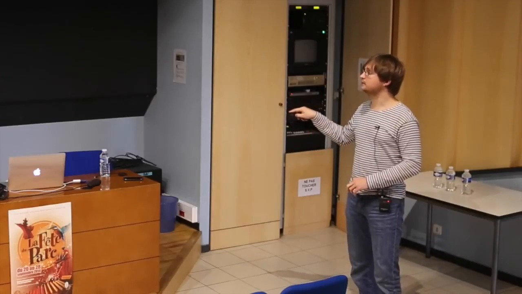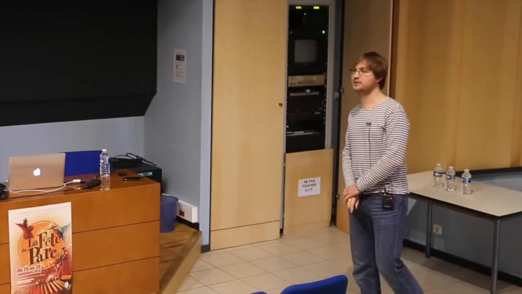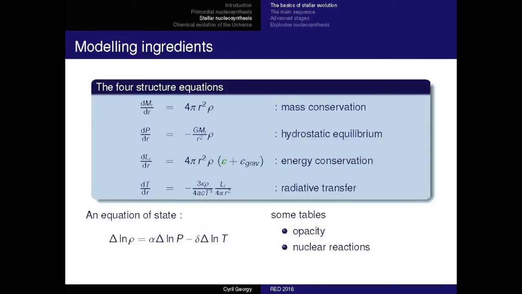So that comes from tables made by people working in atomic physics who are able to tell us, okay, if you have this mixture of elements at this temperature and this density, the opacity will be like that, and the same for the nuclear reactions.